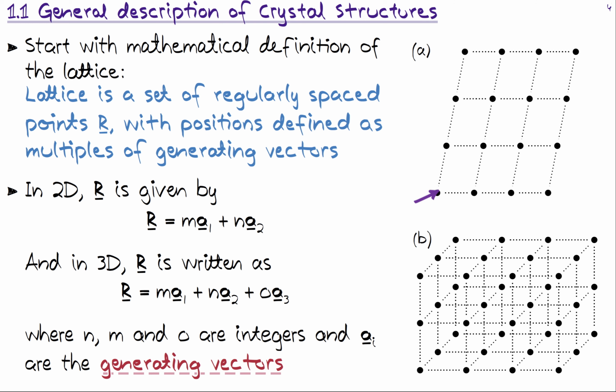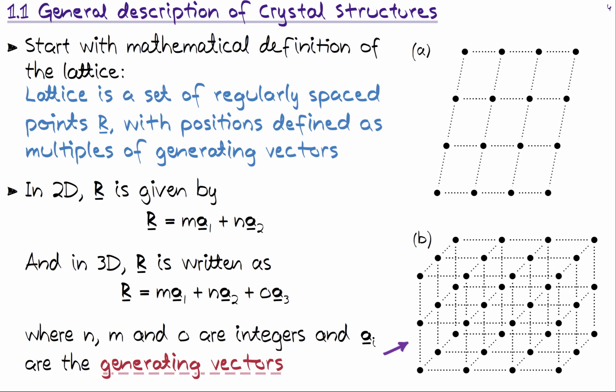As you can see here, if this direction would correspond to the direction of the A1 vector, the generating vector, and this direction here would correspond to the direction and length of the second translation vector A2, we see that they do not need to be orthogonal, so they can be in oblique directions with respect to each other. And of course, the lengths of the vectors do not need to be equal, so different kinds of lattices can be formed.